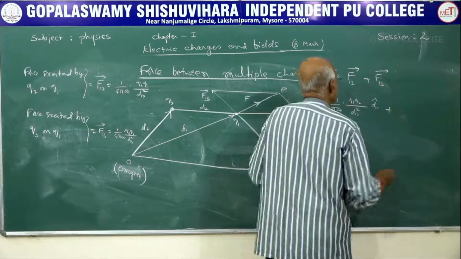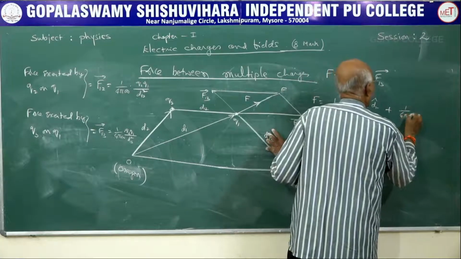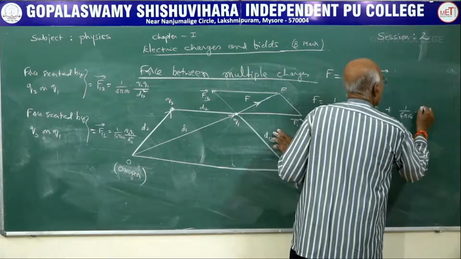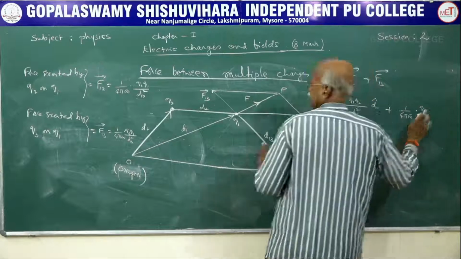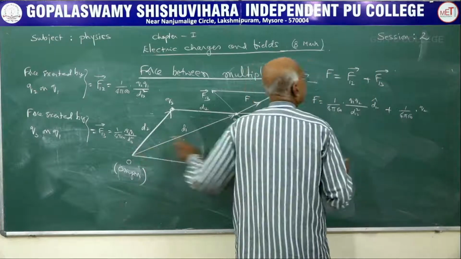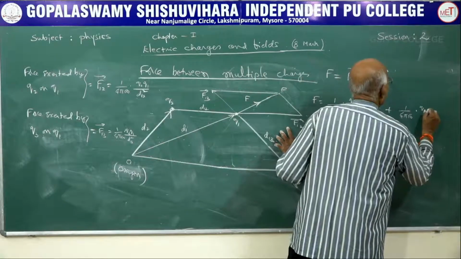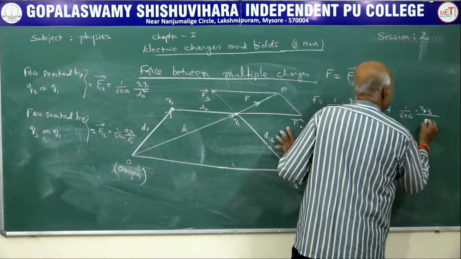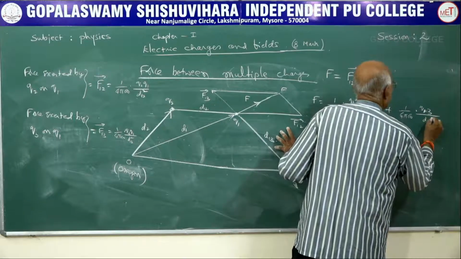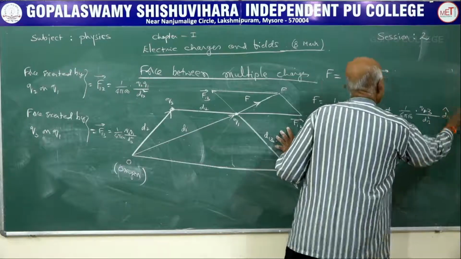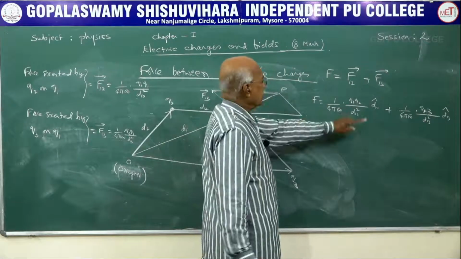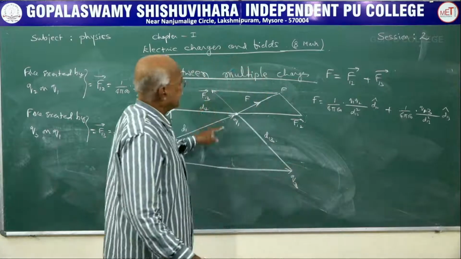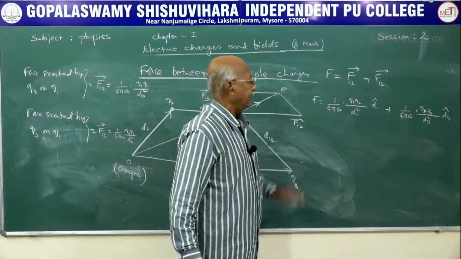plus 1 over 4 pi epsilon naught Q1 Q3 divided by D13 squared, D13 cap. Here, if there are only three charges available, then this is the force available.